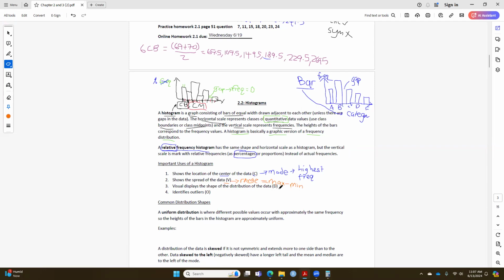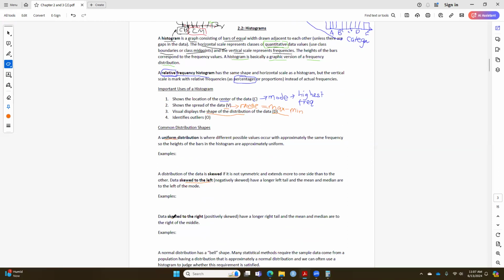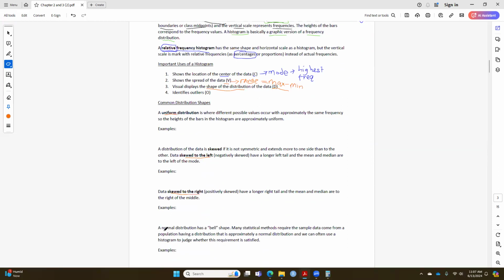The shape of the distribution is called D, the shape of the distribution. Now we will have a few shapes that you will learn in this class: a uniform shape, a skew to the left shape, a skew to the right shape, and a normal shape. Now we talk about the normal shape because a normal shape is a bell shape.